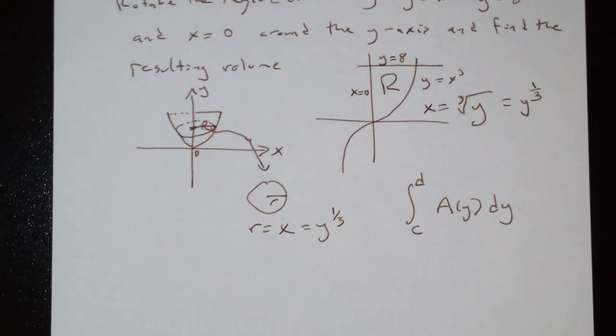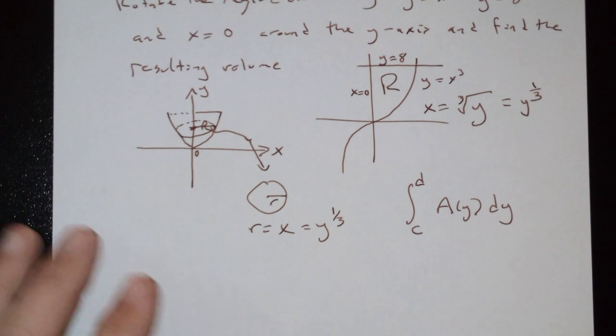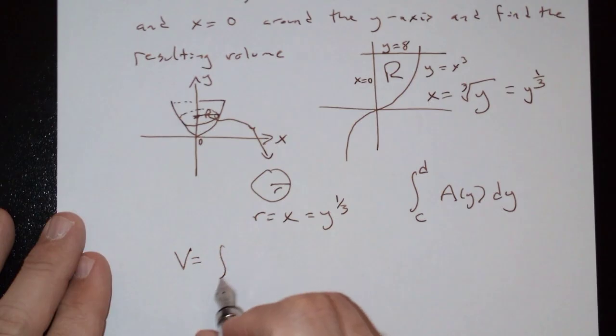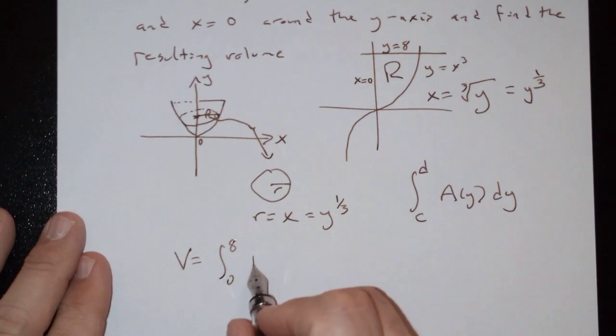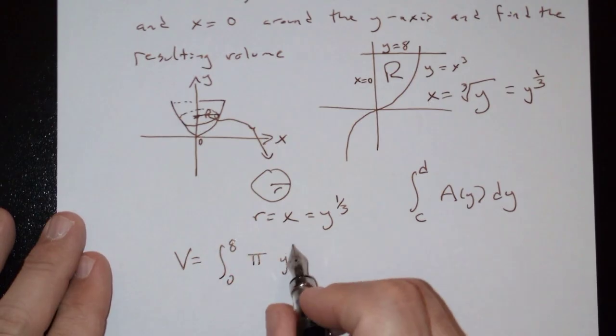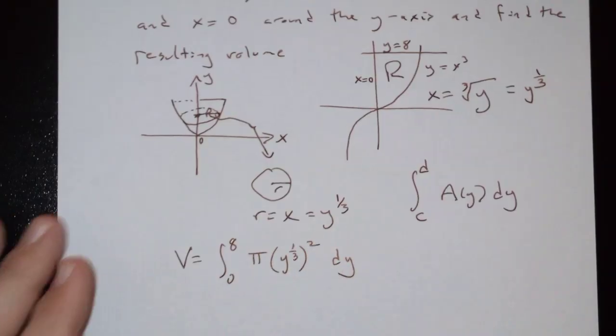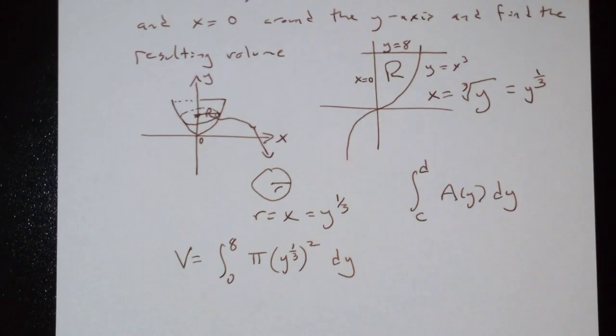And the biggest one is 8. And that's exactly why I wrote it down, Dean. So my volume is the integral from 0 to 8 of pi r squared. And since r is in terms of y, I integrate dy.